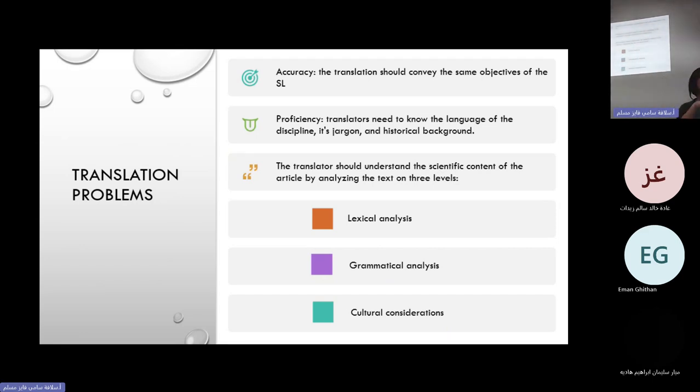On the grammatical level, اللي هي الستراكشر, the syntax, grammar, and so on. While on the cultural consideration, am I allowed to translate this point into Arabic? Is it ethically or culturally viable to translate it? Okay?